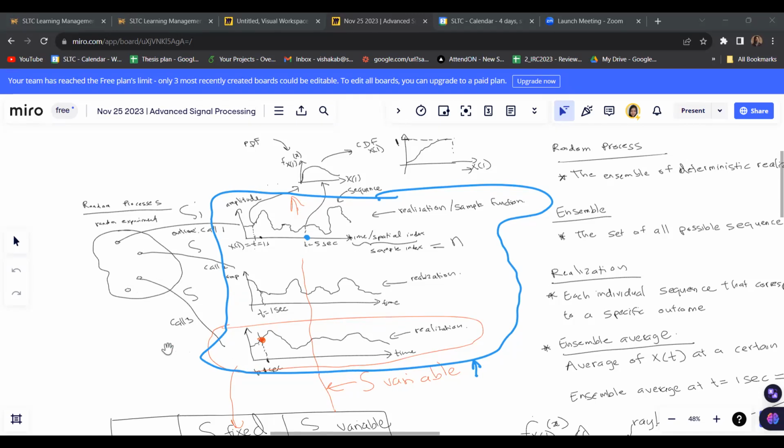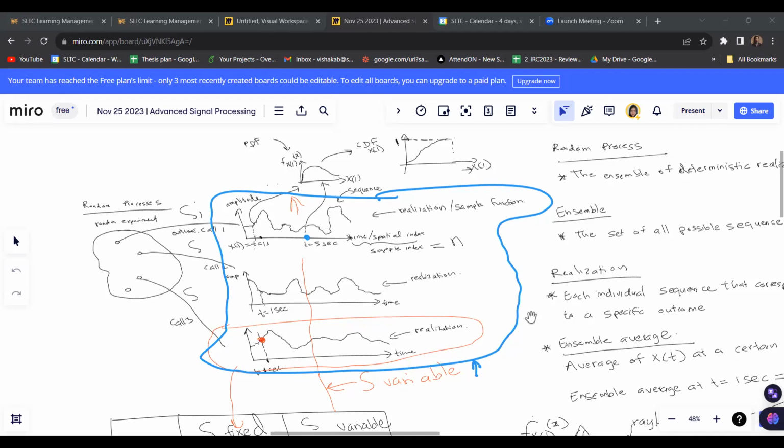Likewise, we can have the signal against time plots for all the different calls. The different calls in here represent the realization of the random process, which means that a realization is one individual sequence that can be an outcome of the random experiment.